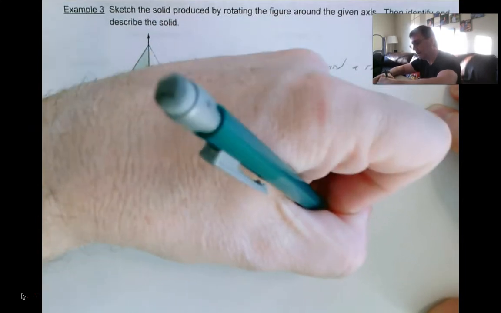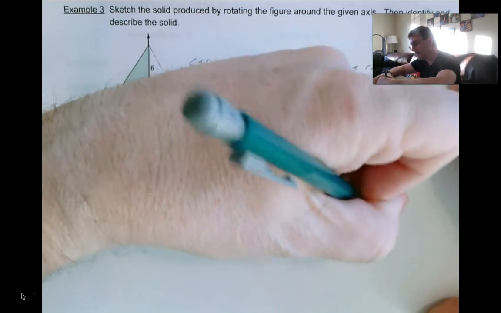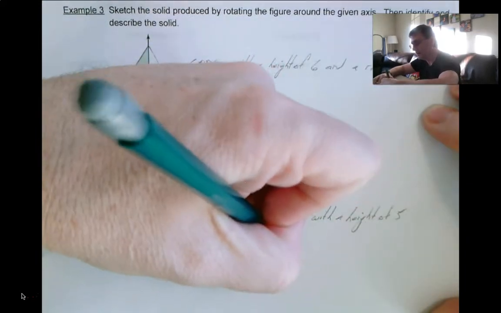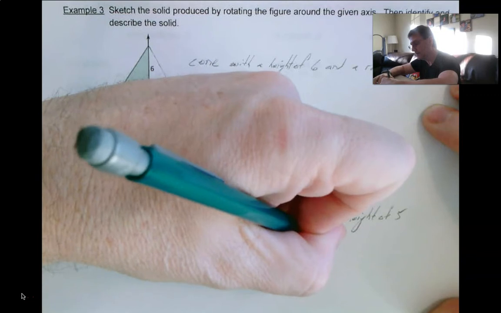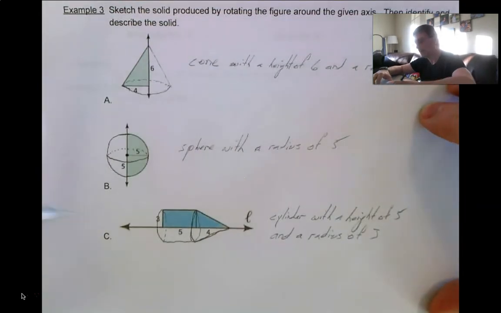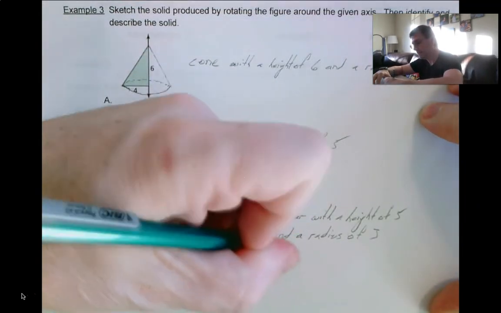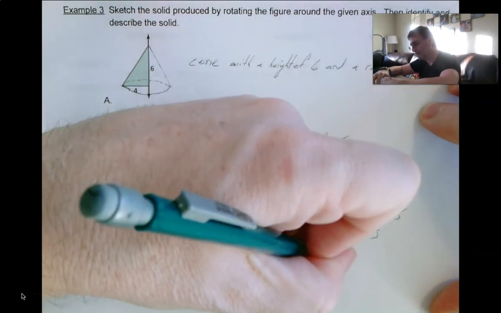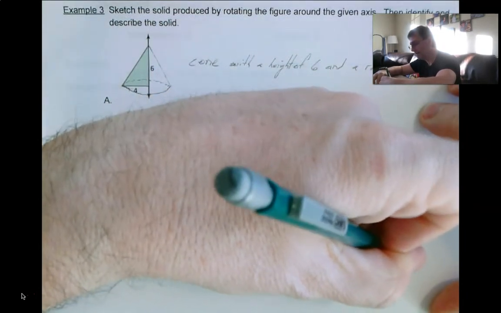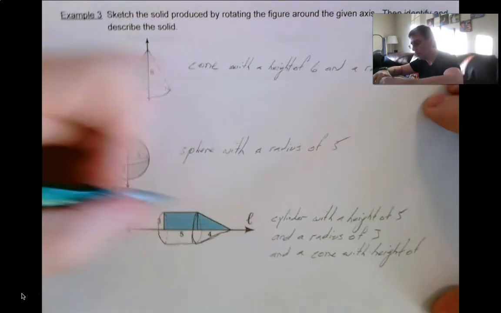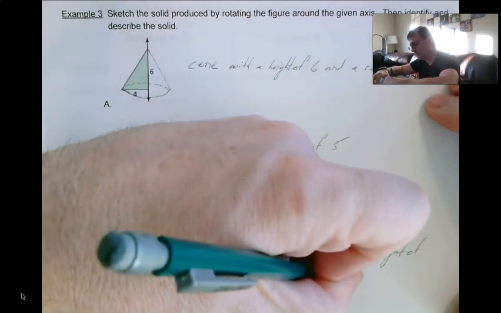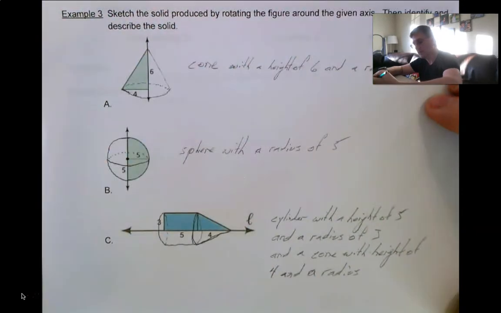So if we just identify this shape, this is a cylinder with a height of 5 and a radius of 3, and a cone with a height of 4 and a radius of 3.